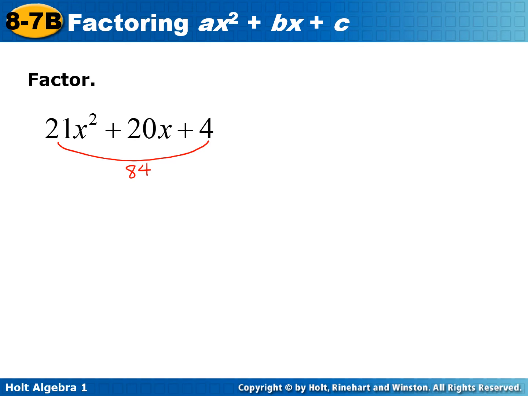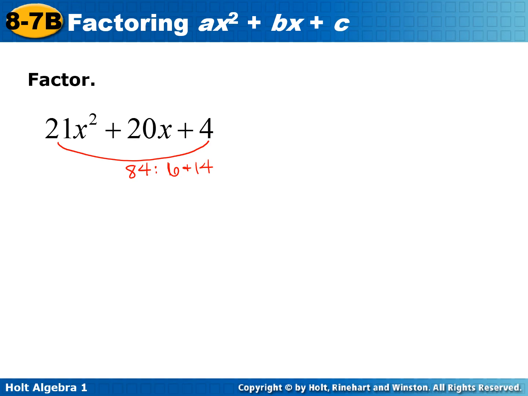Now, my same rules apply. Since C is positive, what factors of 84 add up to 20? The factors of 84 that add up to 20 are going to be 6 and 14.